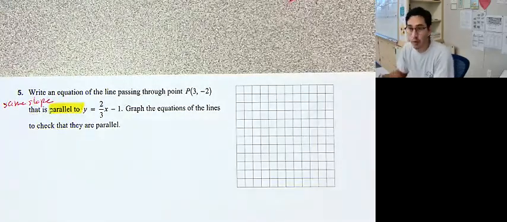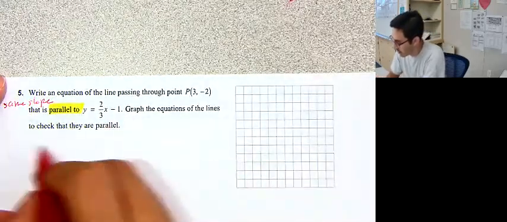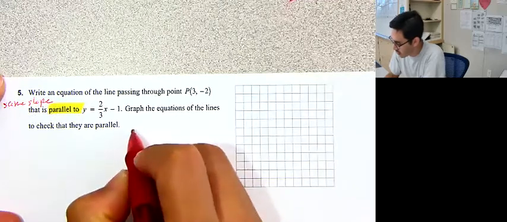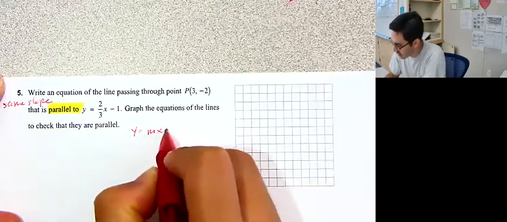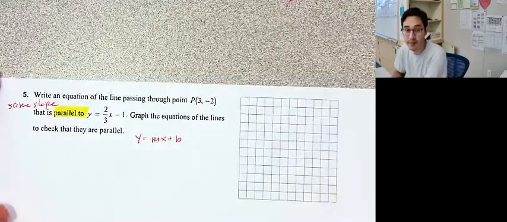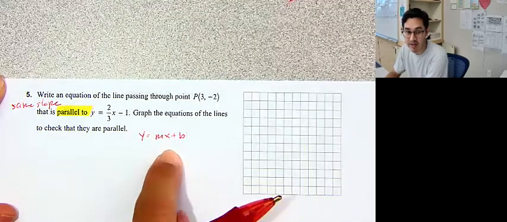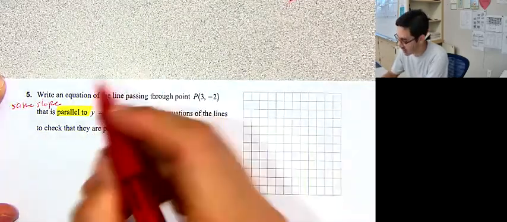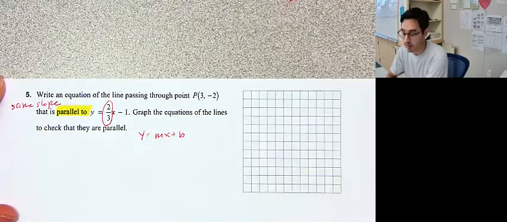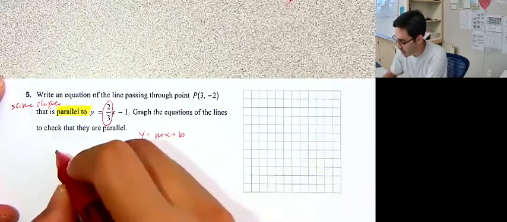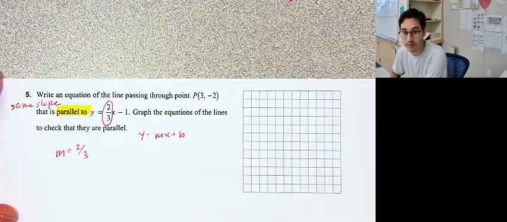So what do we know about the second line? Well, for any line, we can write the equation as y equals mx plus b. Since our second line has to have the same slope as the first line, let's identify the slope of the first line. It's 2/3, so m will be 2/3.